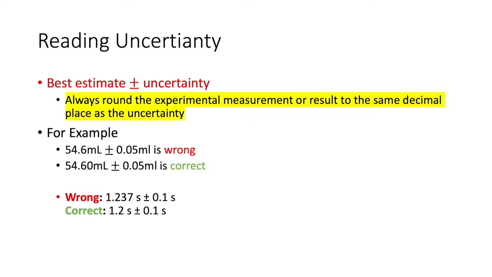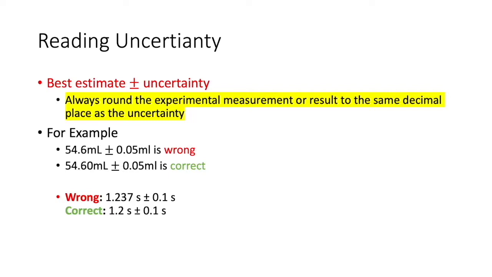So if I say 54.6 milliliters plus or minus 0.05 milliliter, that is not correct because the uncertainty has two decimal places and the best estimate only has one decimal place. So I have to change the result to 54.60 milliliters plus or minus 0.05 milliliter, and that will be the correct answer.